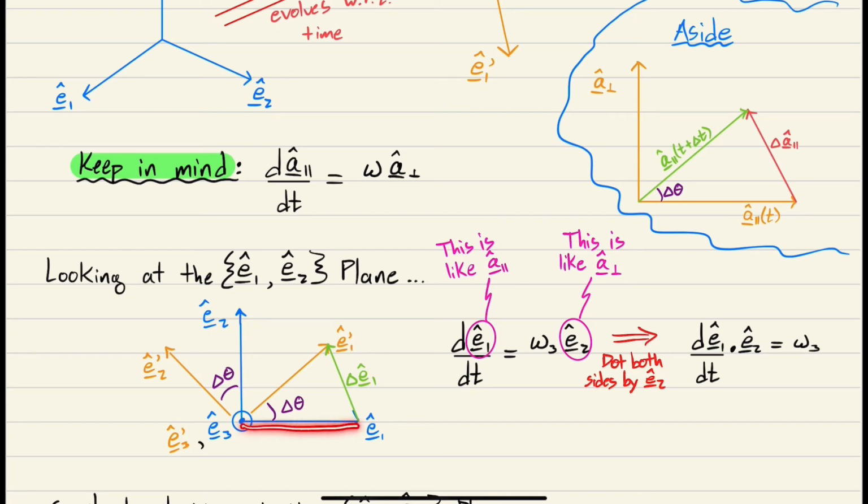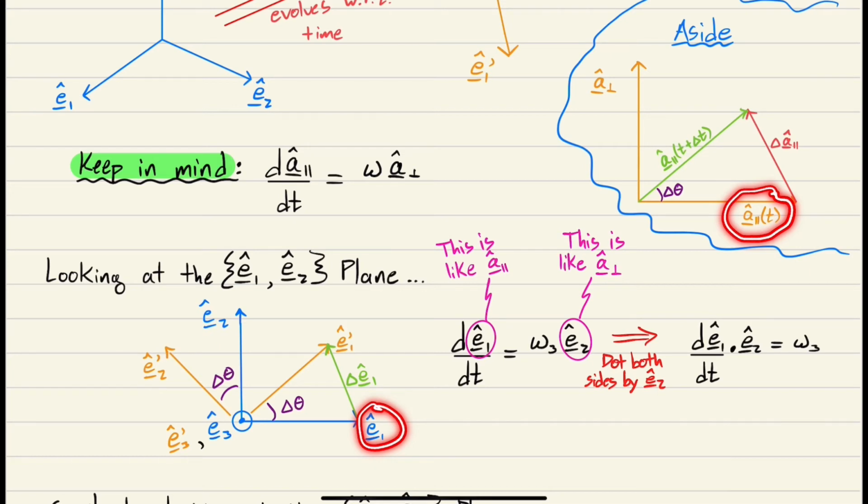So we have E1, E2, and E3 out of the page. That's where we started. Say we rotated by some delta theta about E3, and so now our basis is here. Again, we just defined this, so we can write dE1 over dt, where E1 looks a lot like our a hat parallel, doesn't it?